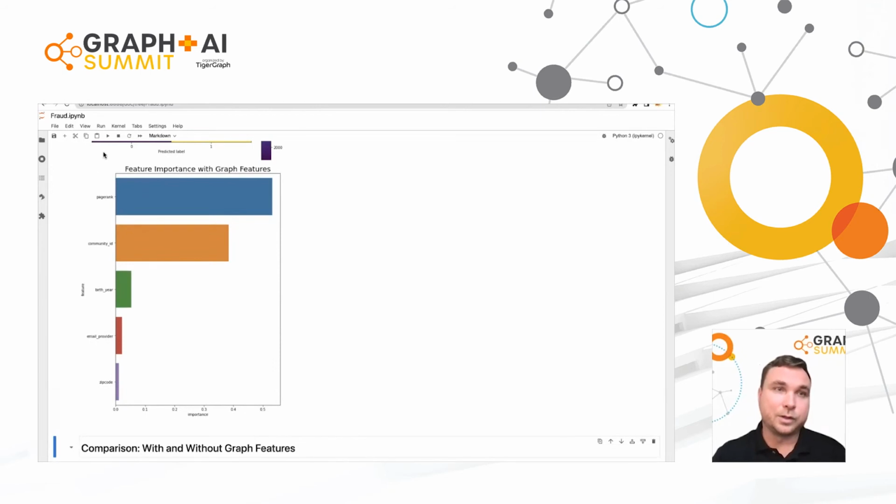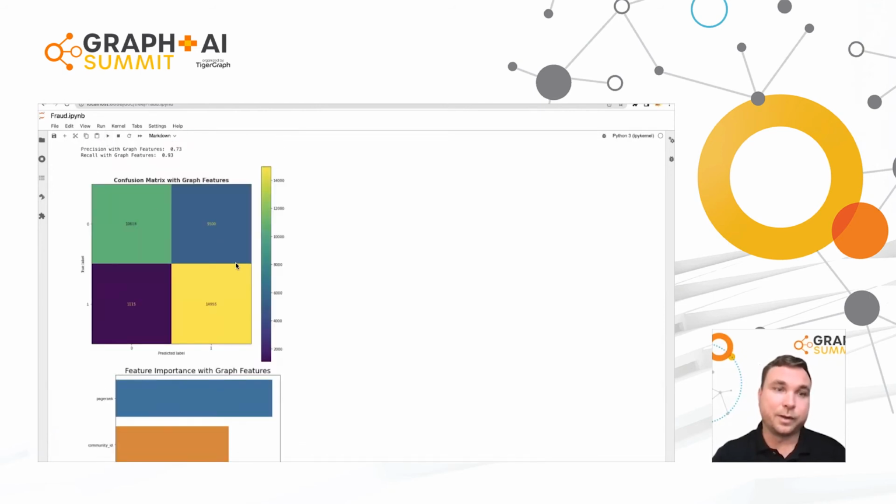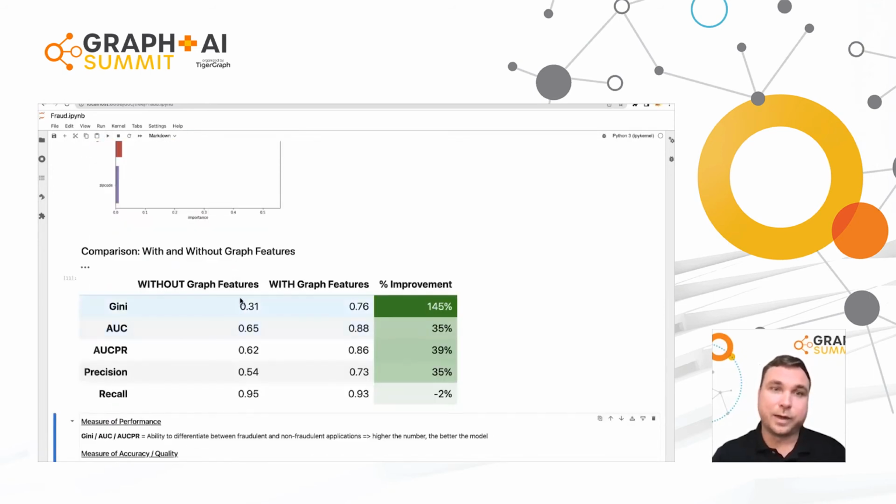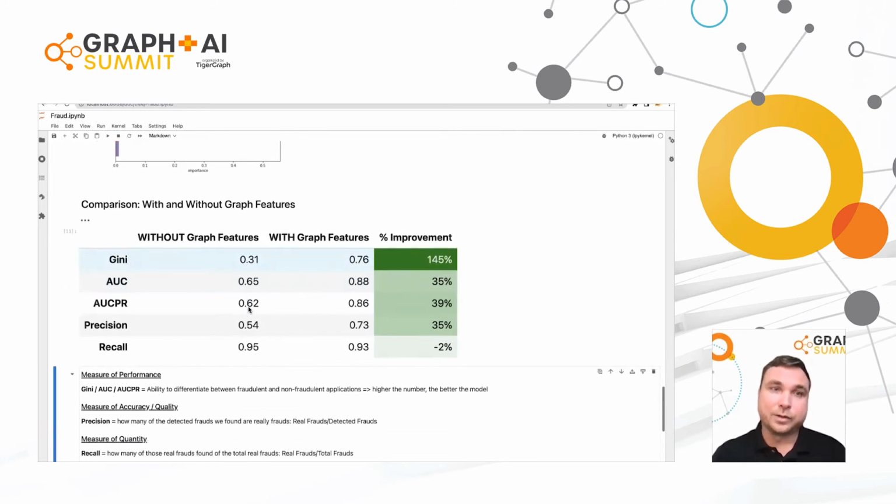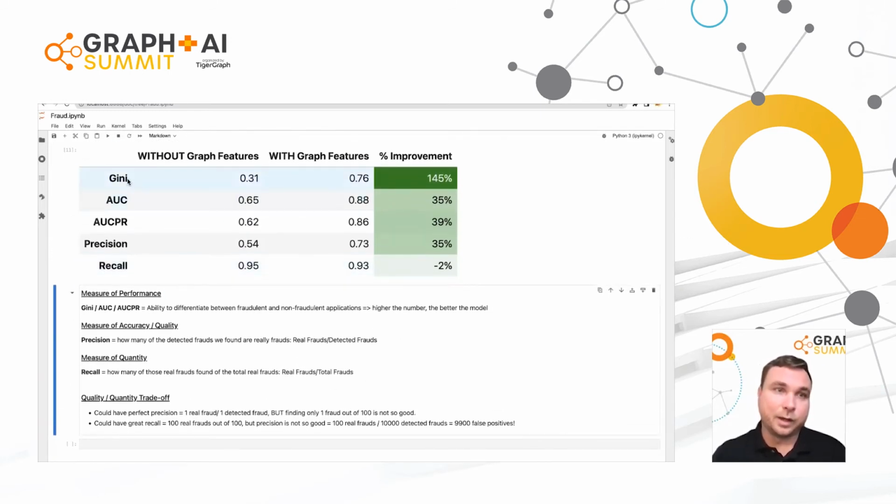And so if we just compare that, we can see here that without graph features, the Gini, the area under the AUC and the AUC PR are not too bad, but we can see that with the graph features incorporated, there's been a significant improvement in the overall performance of the algorithm.